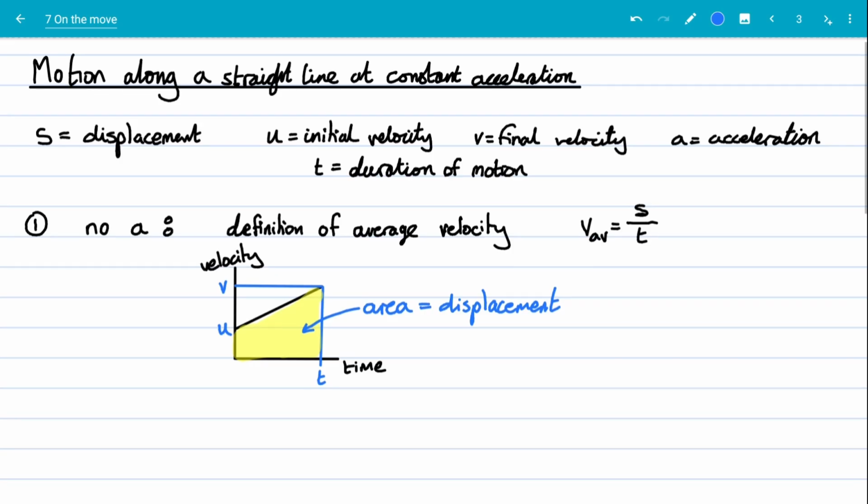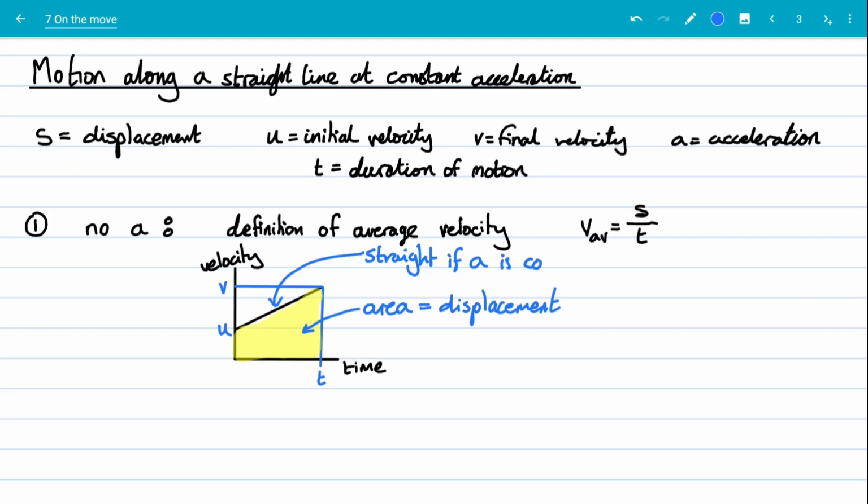So we'll make a little note of that as well. Straight if acceleration is constant. There we go. So if the acceleration is constant, that line is straight.